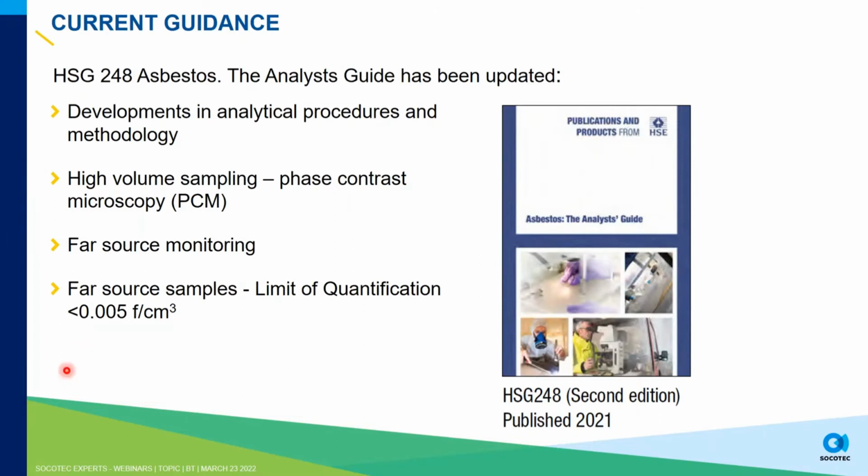When we undertake far source monitoring and high volume sampling, the high volume sample has an improved limit of quantification. In terms of the technical meaning, a limit of quantification is basically the lowest concentration possible for a test, determined by that procedure and the accuracy and precision of the test. I'll go on to explain that in a bit more detail on the next slide.